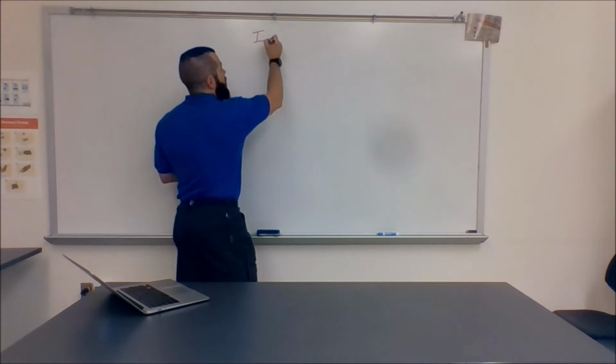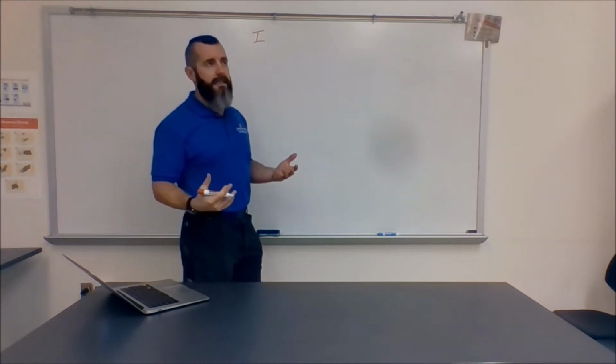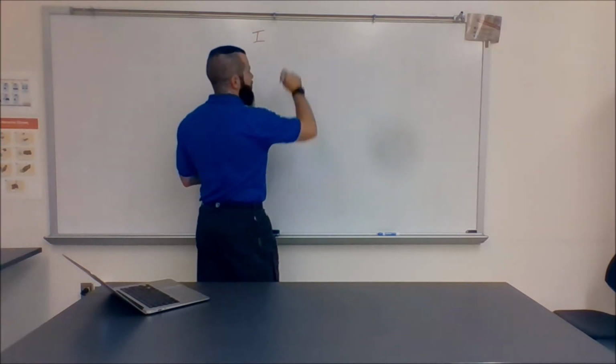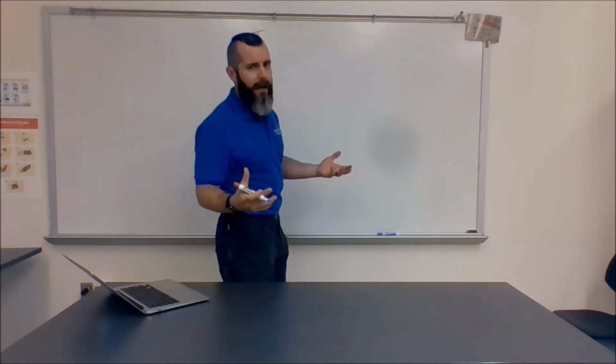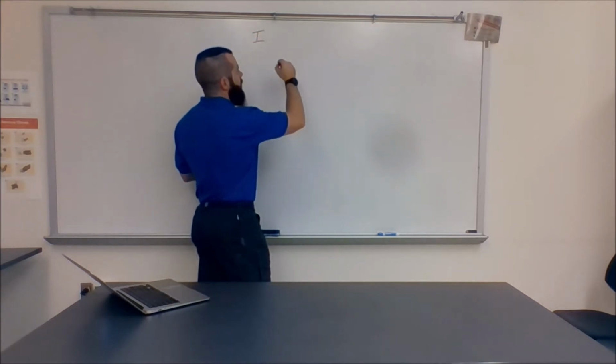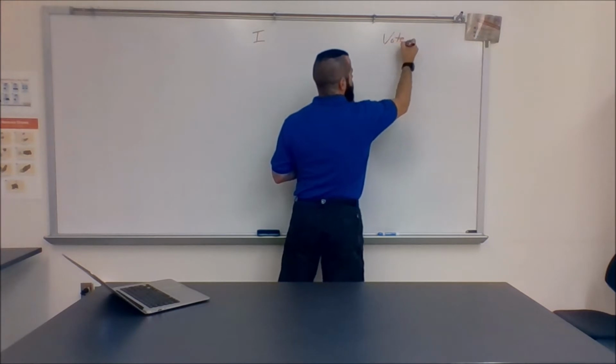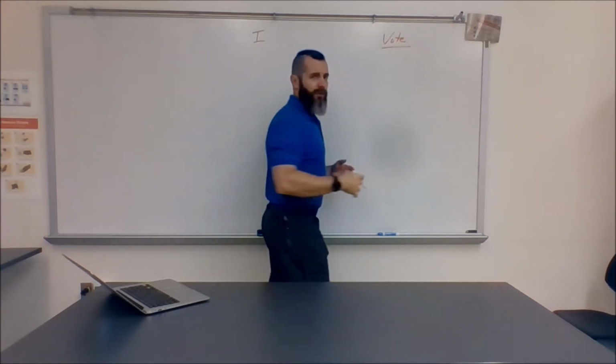If this is going to be our main idea, here's a real fun one. Because I've always got students who come from different backgrounds in my class, I will have my students vote on alternative theories.